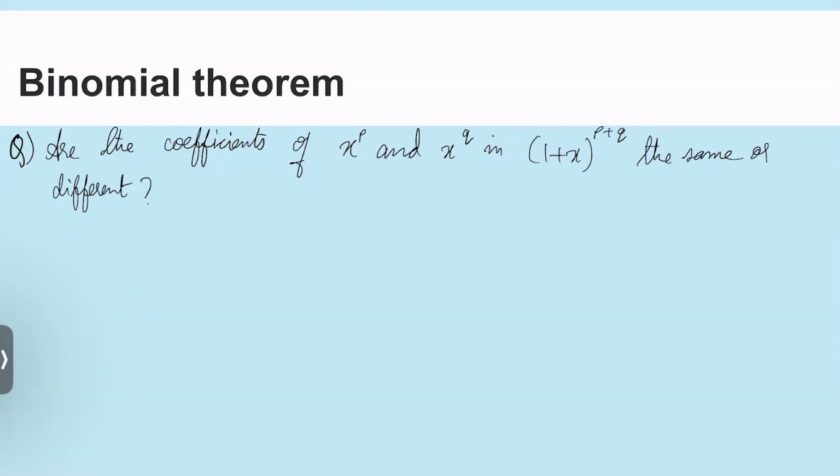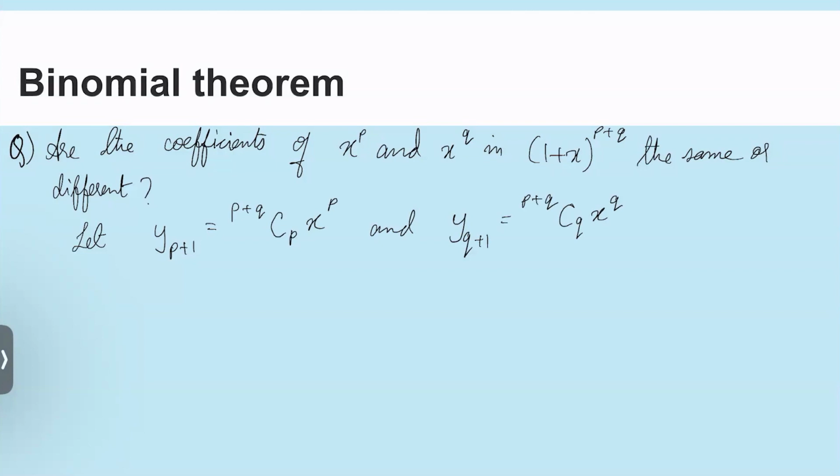Okay, so now let's take this as, let T(p+1) equal (p+q)Cp x^p and T(q+1) equal (p+q)Cq x^q.